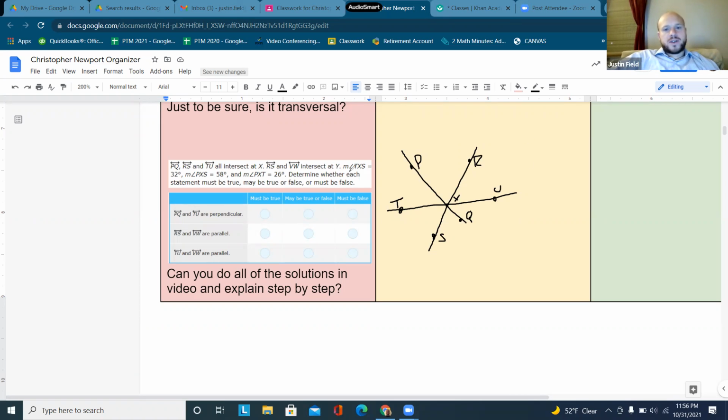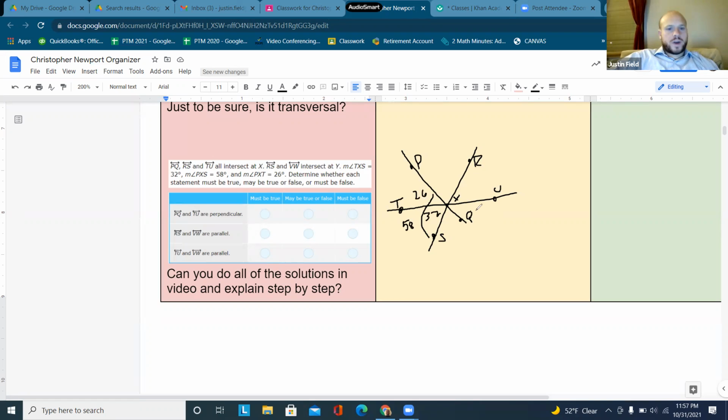Okay, so the measure of angle TXS, this one right here, is 32. The measure of angle PXS, so that whole thing, is 58. The measure of angle PXT is 26.